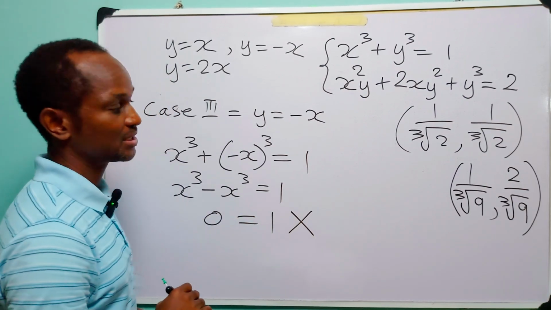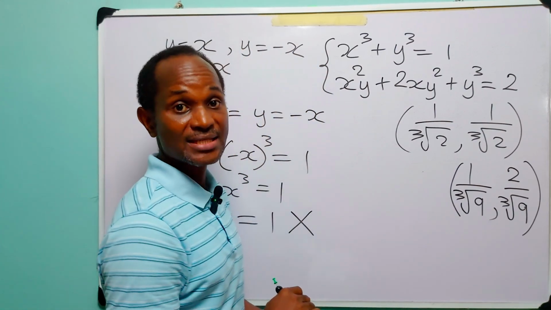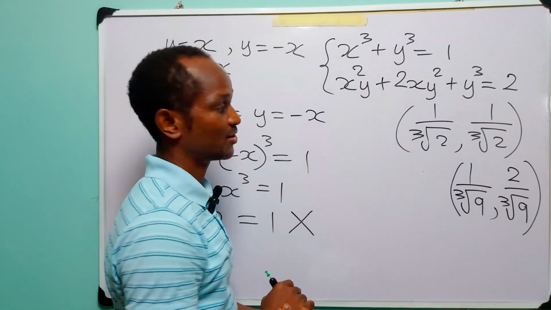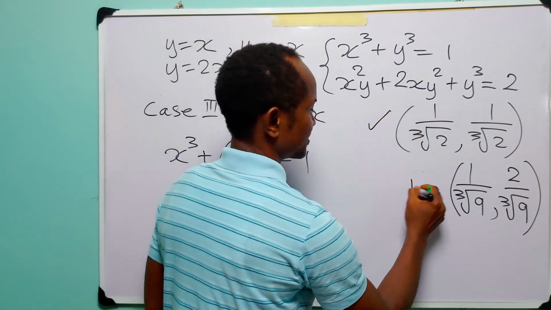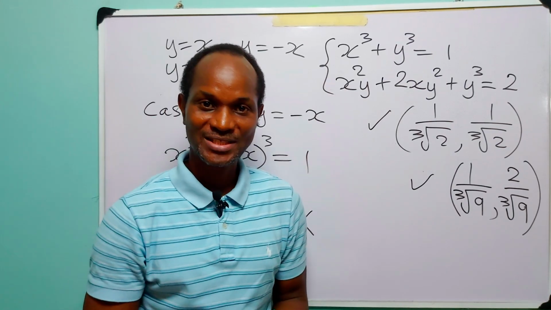An impossibility. So we have that the only two values of x and y that satisfy these two equations simultaneously are this and that. And with that, we come to the end of this exercise.